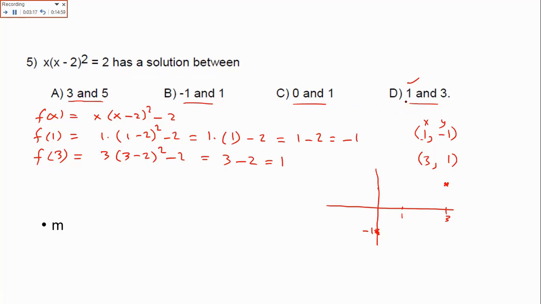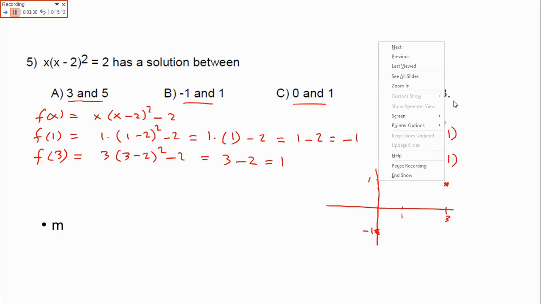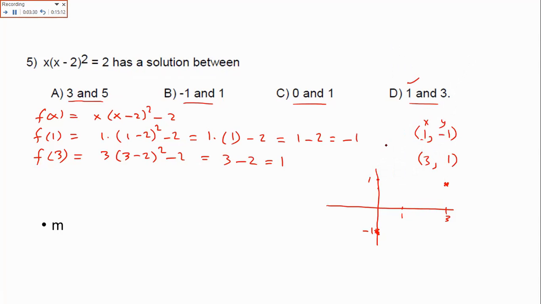We want to see any value between 1 and 3. If that value lies between 1 and -1, we're done, right? Look at the y values at the edges. The y values are equal to -1 and 1.